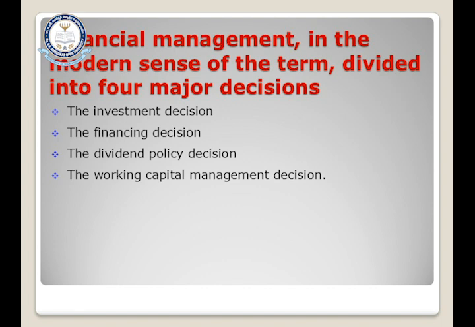And the fourth one is the working capital management decision, where the decisions pertain to investment in current assets like cash, receivables and inventory. So basically working capital management deals with the management of the investment in current assets. So according to the modern approach, financial management is very broad, and it can be viewed in terms of the following four major decisions, that is investment decision, financing decision, dividend policy decision and working capital management decision.